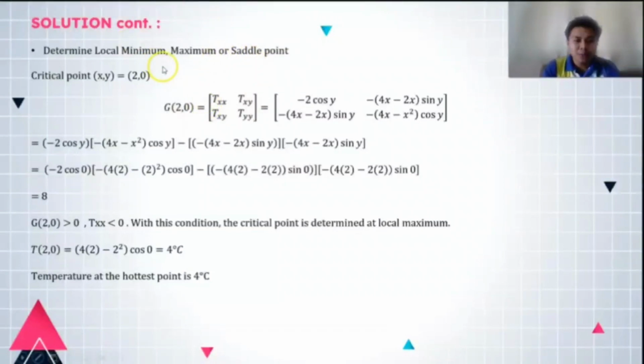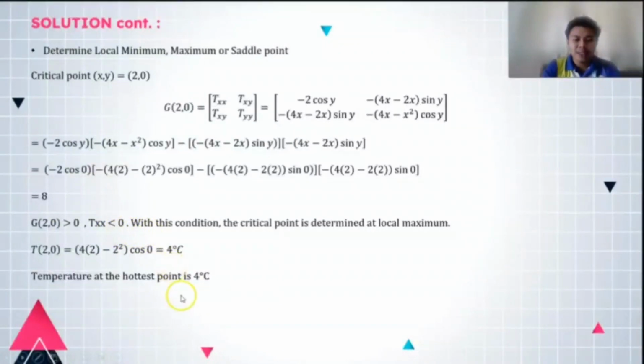So this is the formula. We need to find the determinant of this matrix. Then after substituting x equal to 2 and y equal to 0, we got 8. And then we also substitute x equal to 2 and y equal to 0 into Txx, and we got D(2, 0) is greater than 0 and Txx is less than 0.